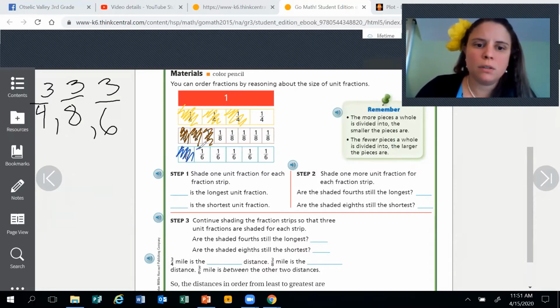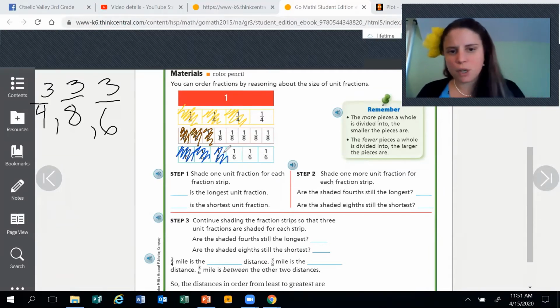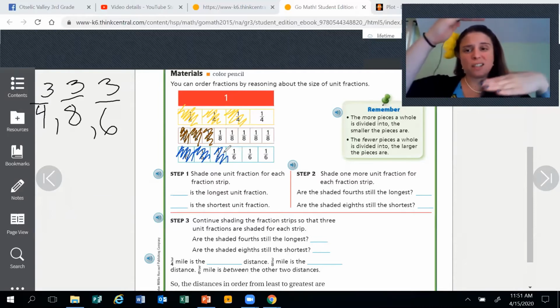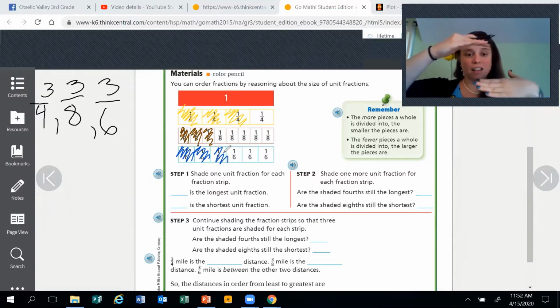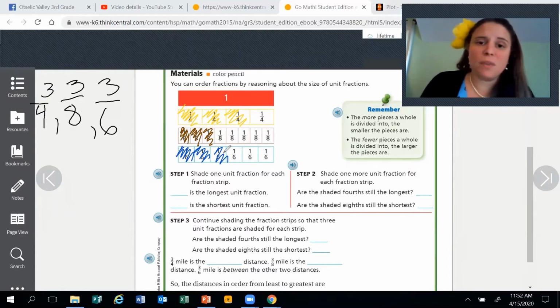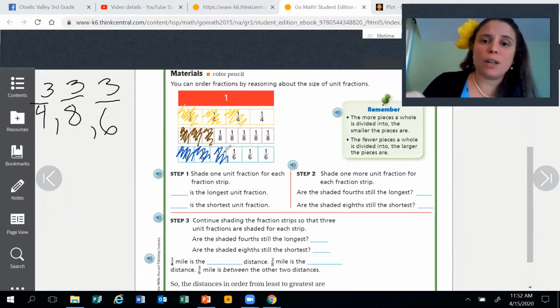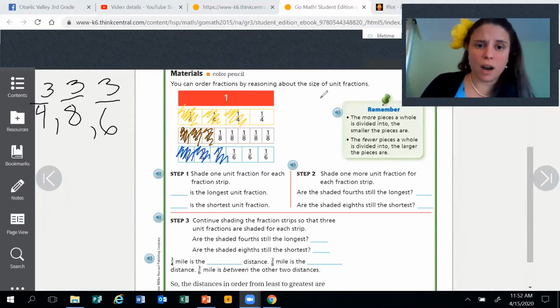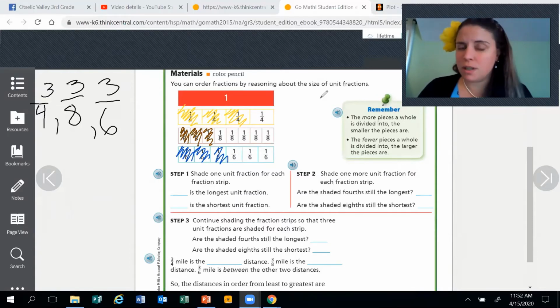1, 2, 3. Now, when we have filled this out in our book already, we can already see which one is bigger than the other. That's the beauty of stacking them like that. They're all flush to one side and stacked up, so you can actually see which one is bigger. So we're going to go through right now, and just by looking at them, put them in order from, what was it? Least to greatest.